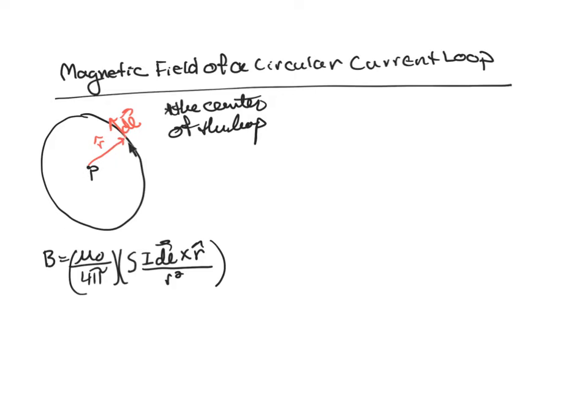This is always going to be perpendicular, so we can just collapse dl cross r hat into dl. So it allows us to reduce here.